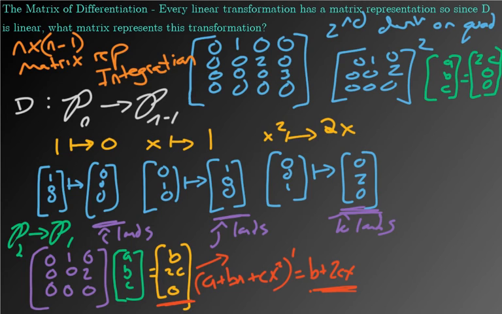But integration goes up in dimension, and so there are going to have to be some weird things where you're jumping up in dimension if you operate on a vector.